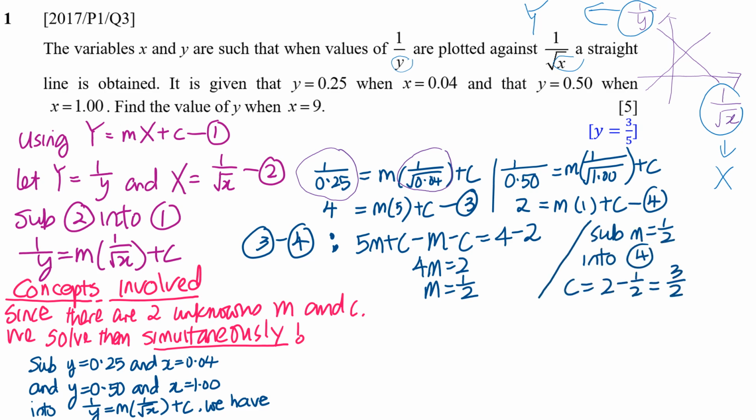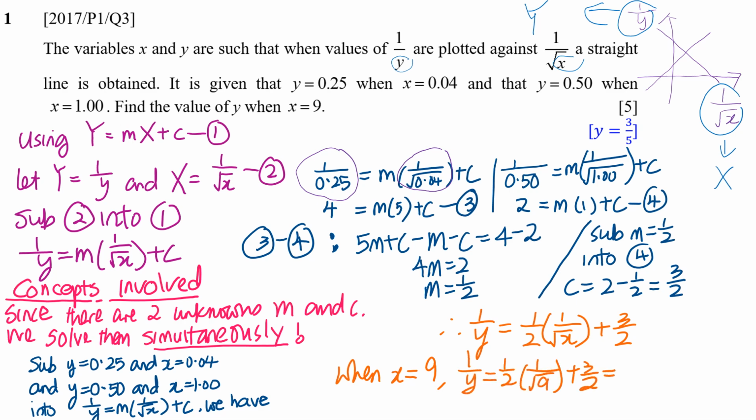We can substitute m equals to half into equation 3 or 4 to find the unknown c. And then we're going to put both of these values back into our 1 over y equals to m bracket 1 over square root x plus c, to form our straight line equation. And from there, to find the value of y when x equals to 9, just substitute x equals to 9 into it. And you'll get y equals to 3/5.